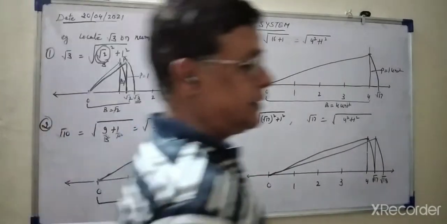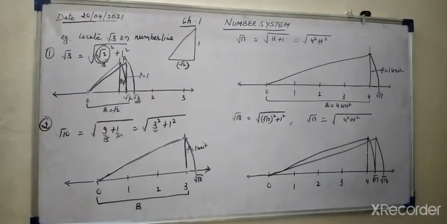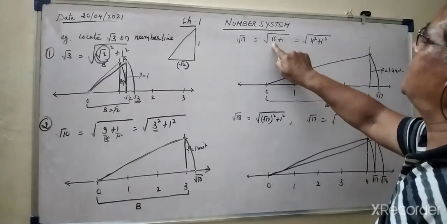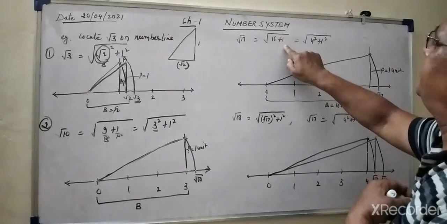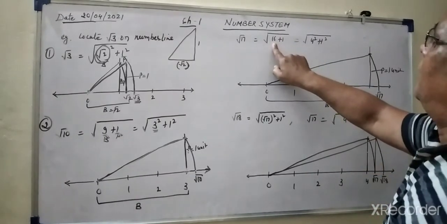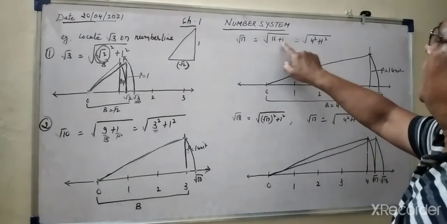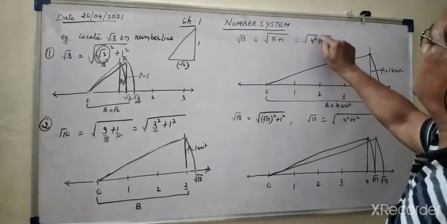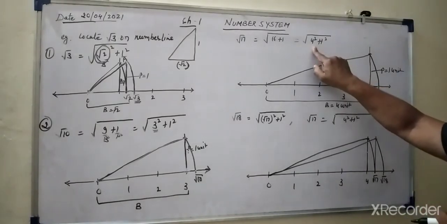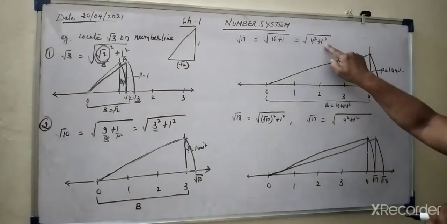Now we take another example, that is root 17. Root 17 can be written as 16 plus 1. Base square is 16, then 1. So 16 is 4 square. The base is 4, 4 square and 1 square.